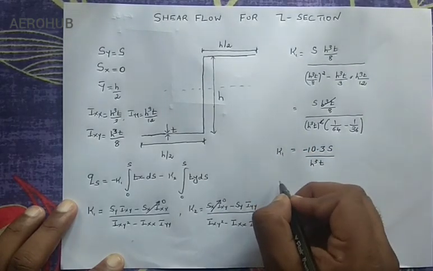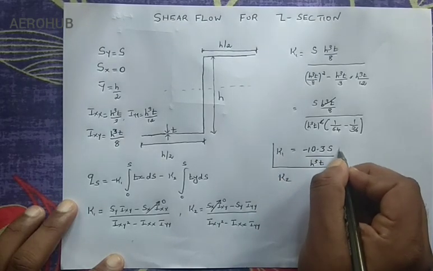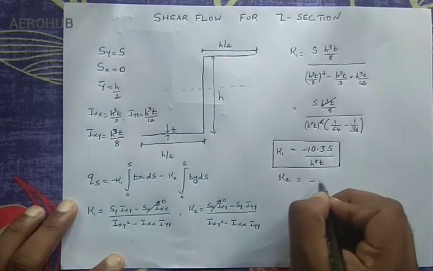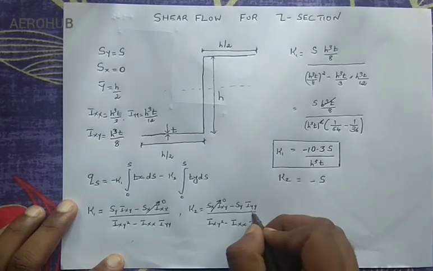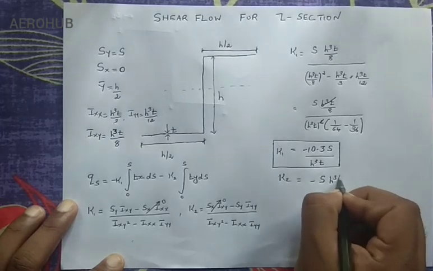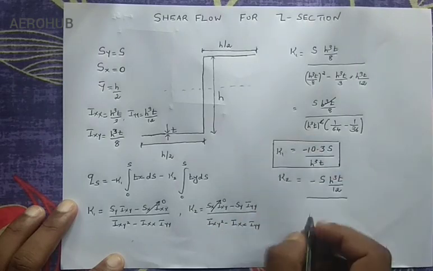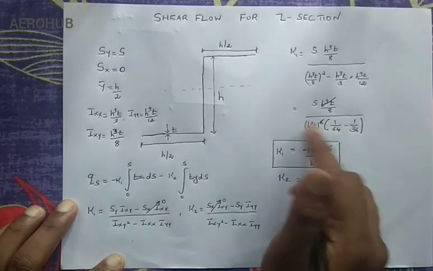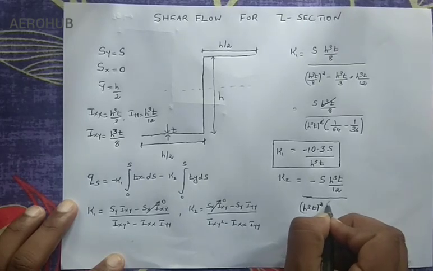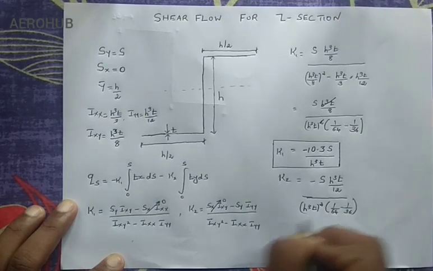Similarly we derive K2. K2 is equal to minus Sy, where Sy is S, times Iyy, which is h cube t by 12, divided by the same denominator: h cube t the whole square into 1 by 64 minus 1 by 36.